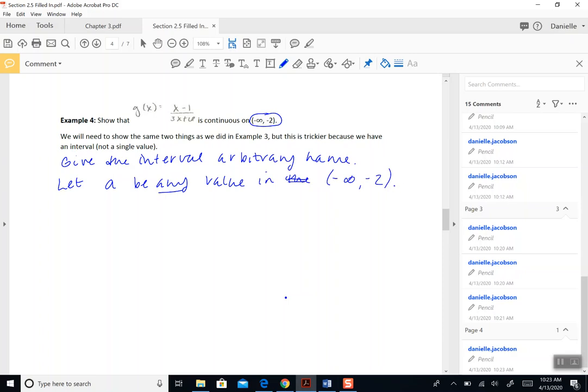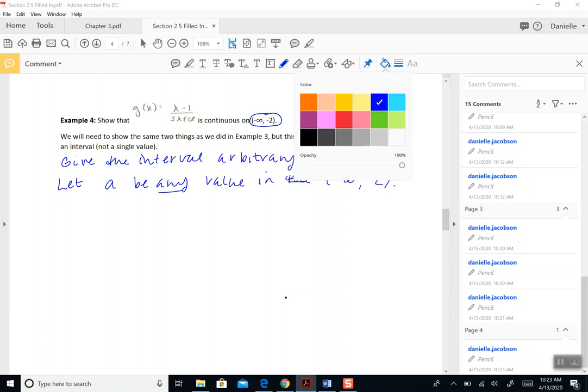So this seems a little bit funky. It's kind of abstract, but you're essentially saying, okay, well, A can be any number on this interval. Therefore, if you show your two properties or your two things we showed in example 3 with A, then we know that this is going to hold true because A stands for any value on that interval. Now, I'm going to go through the same process that I did above.